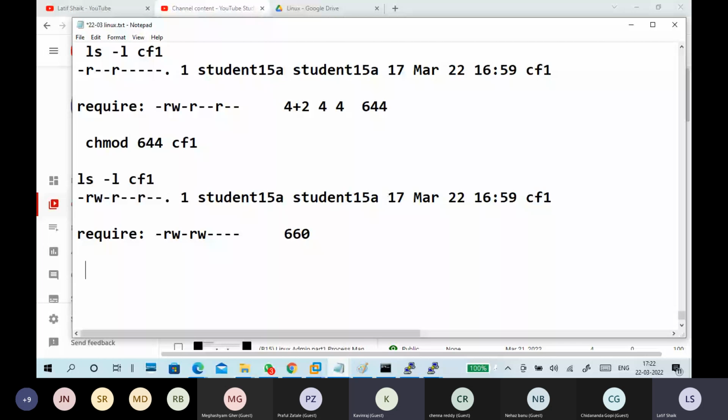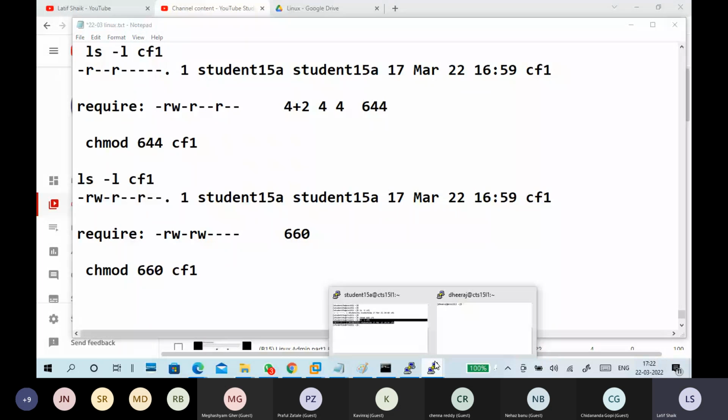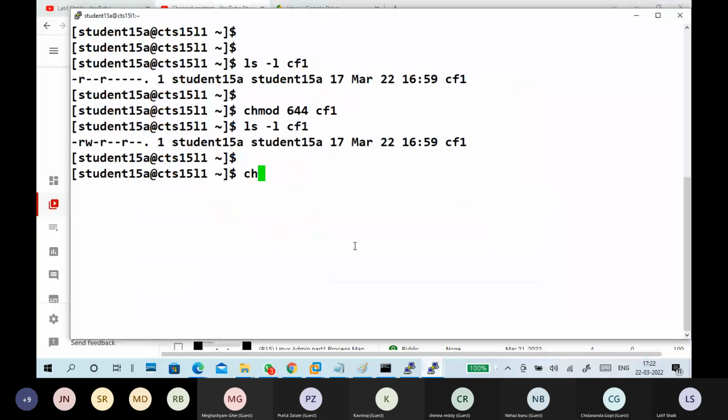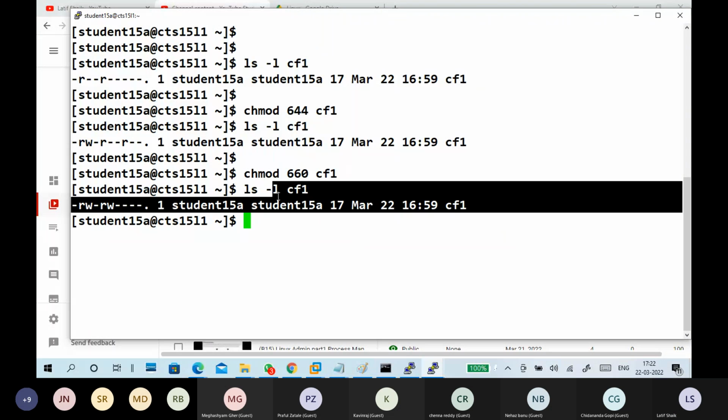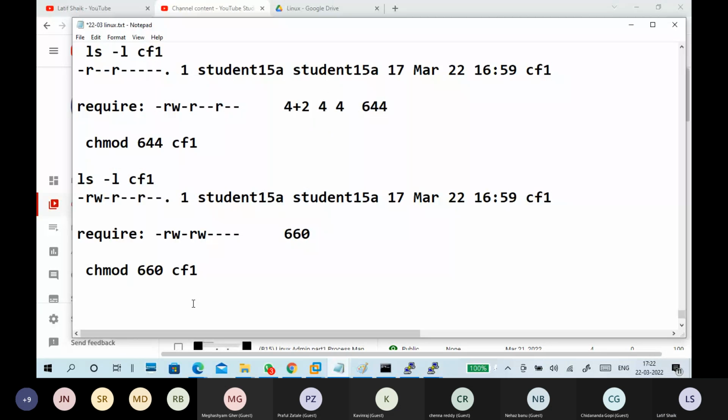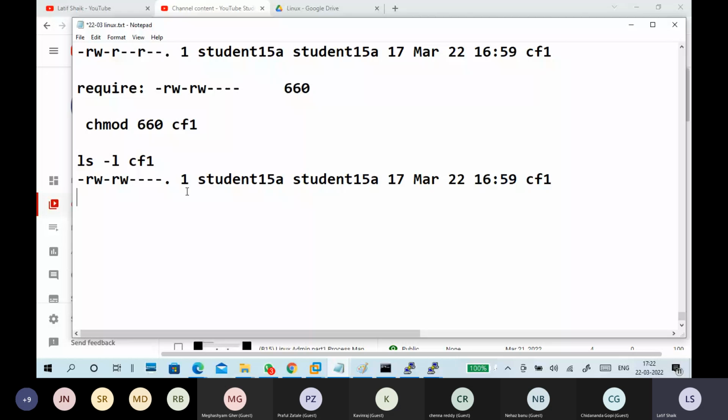So implementation: chmod 660 cf1. This is what we call absolute mode, or numerical representation of the permission set.